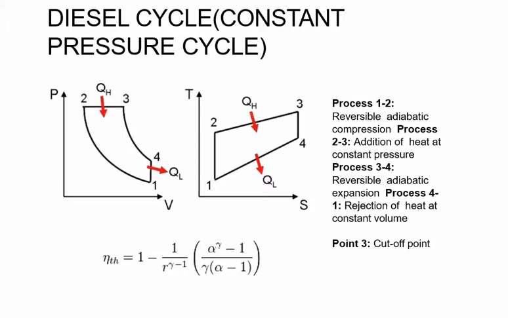Diesel engines are used in aircraft, automobiles, power generation, diesel-electric locomotives, and both surface ships and submarines. The diesel cycle is assumed to have constant pressure during the initial part of the combustion phase, that is, volume 2 to volume 3.